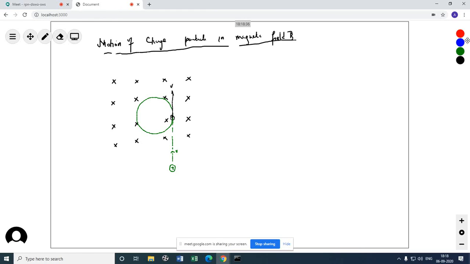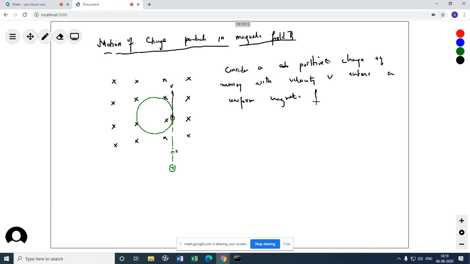So we see, if we consider a charged particle, a positive charge plus q, moving with the velocity v, enters a uniform magnetic field B perpendicularly.